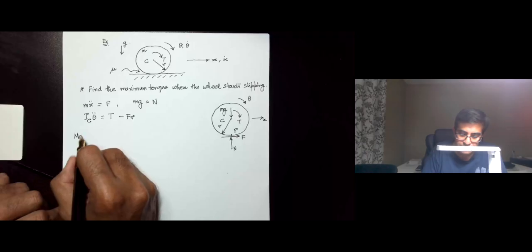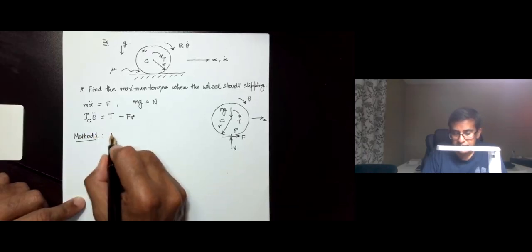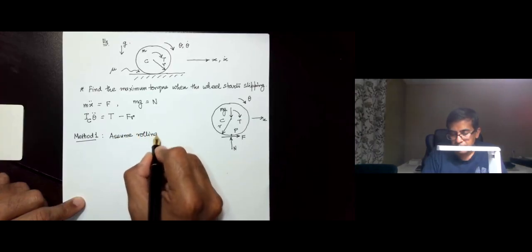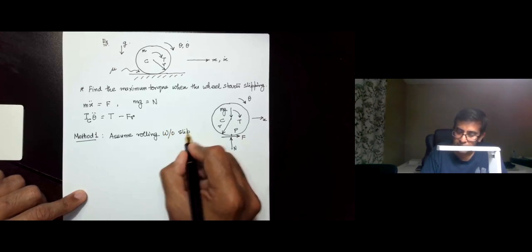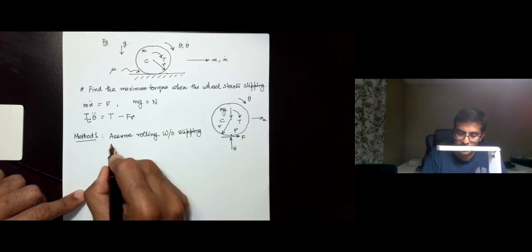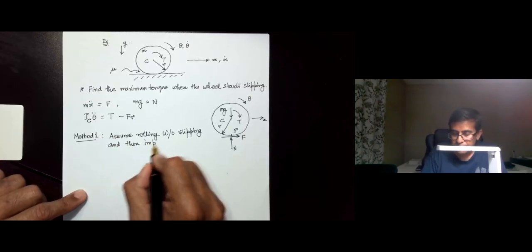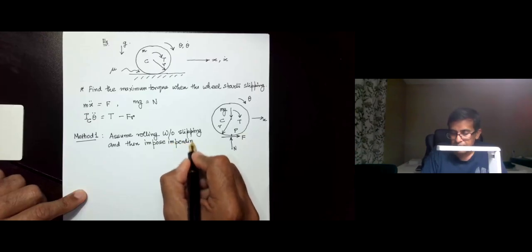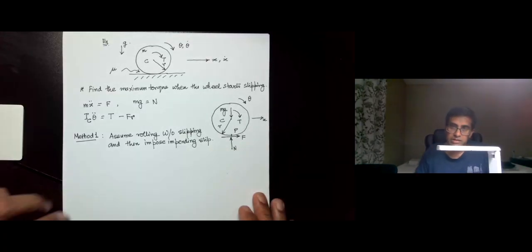So method 1 is: assume rolling without slipping, and then impose impending slip. That is, impose the condition under which it is just about to slip.